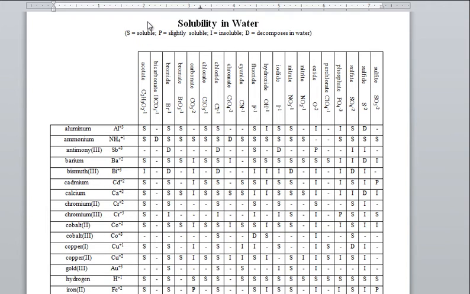It's a table, and there are S's, there are P's, there are I's. What do we see up here? S, if you see that, means soluble. Hopefully you don't ever get one that has P or D. The ones we should get for examples are S or I. I means insoluble. So how do we use it? Well, we find a cation, and an example could be aluminum, and down this list are all the cations.